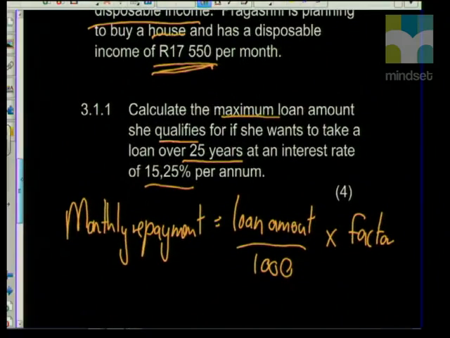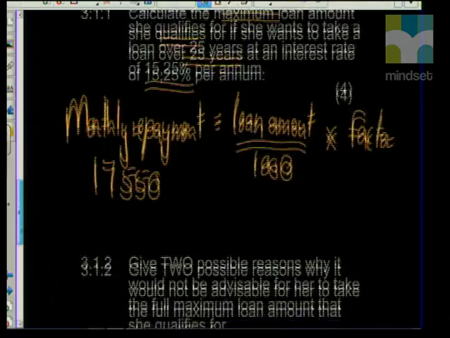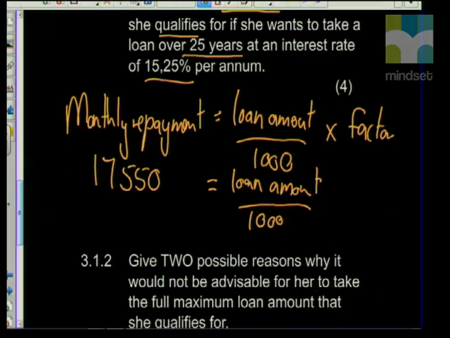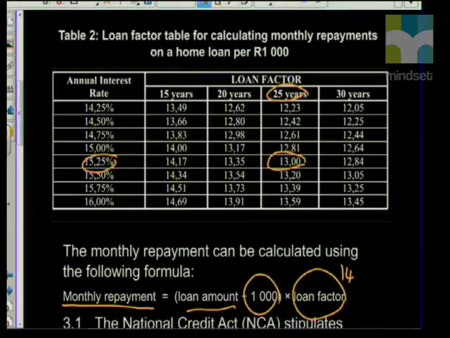We've read off the information about the factor, put this value in as the monthly repayment, the maximum that she can take. We don't know the loan amount. That's what we're trying to find. So we just substitute this into the equation for the moment. And we know that from where we looked at the table, 13 was the factor.